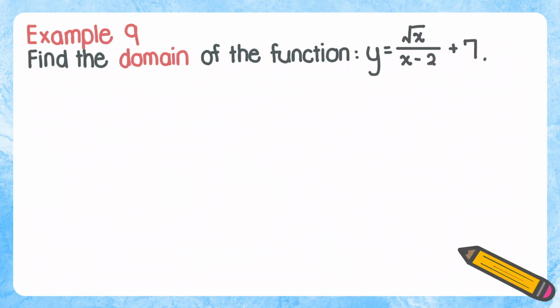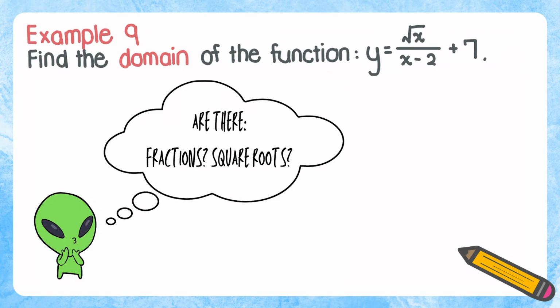For our next example, let's find the domain of the function y equals the square root of x over x minus 2, and then plus 7. Here I have both a fraction and a square root, so I have to think about two restrictions.